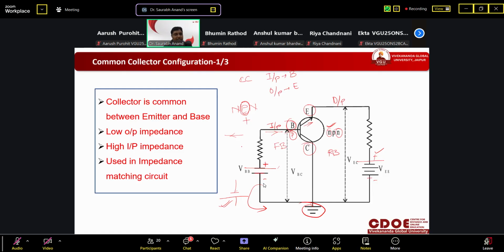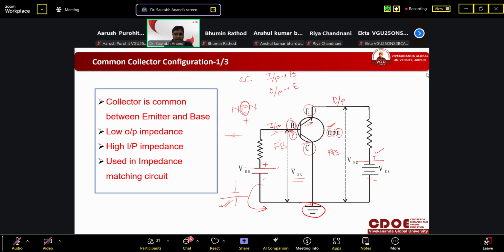So you can see that this was wrong. It should be opposite. So it should be verified by you if anything is printed wrong. Understood. I think you understood this thing very easily.